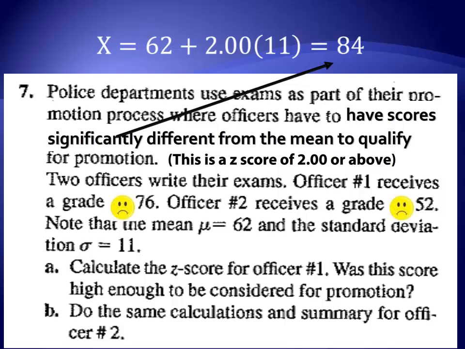These results showed that if an officer got an 84 on the test, their score would be significantly higher than all other officers. Instead of looking at a positive 2, we could also change the valence of the z-score to negative 2 to determine the lower end cutoff.